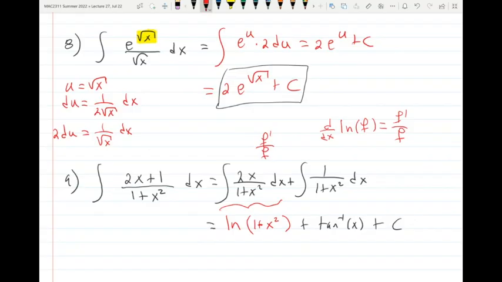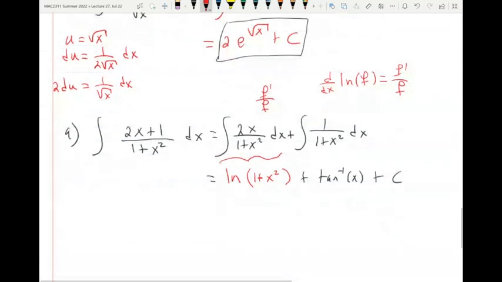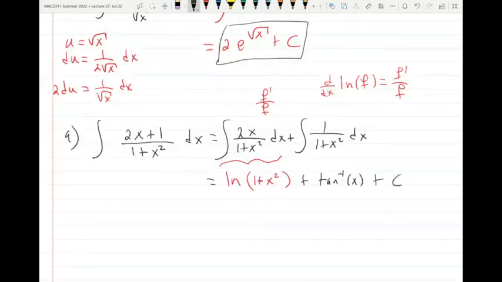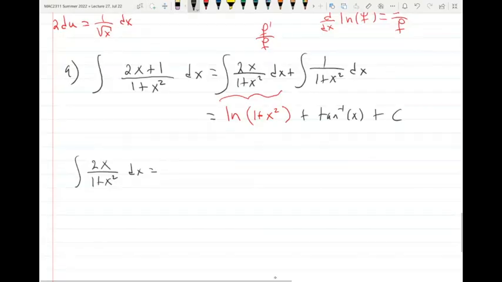Okay? All right. So again, if you don't want to deal with what I just told you, then to solve this little integral, you can do a little substitution. You let u equal 1 plus x squared, then du is 2x dx.